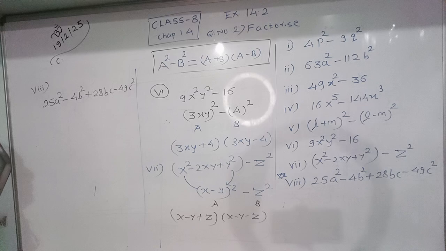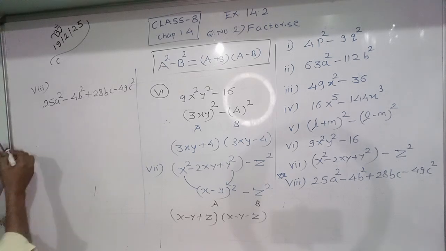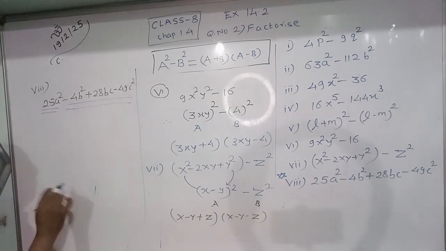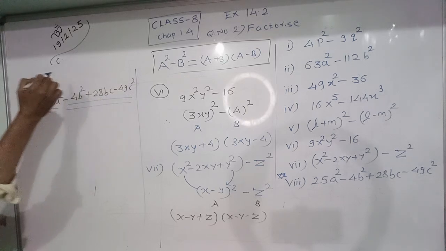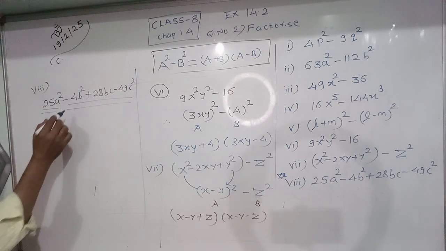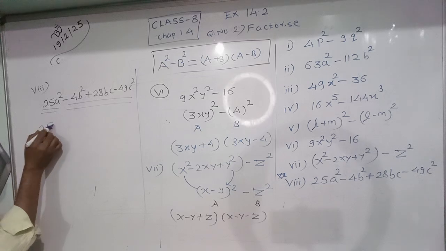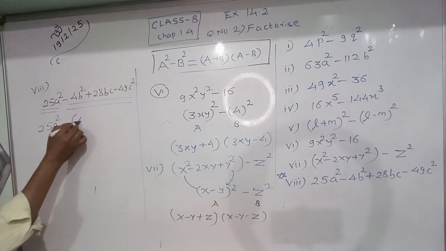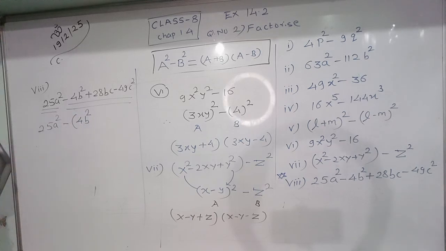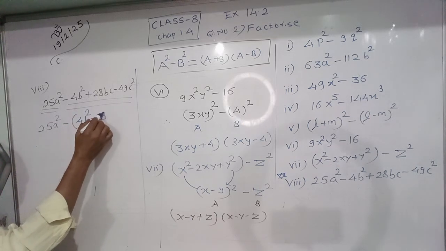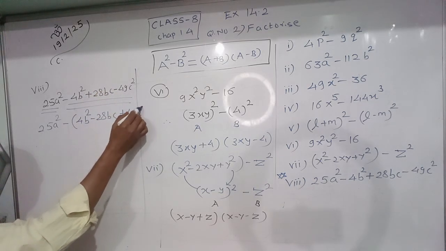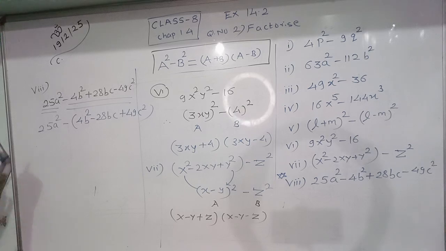The same adjustment with a little bit of change. See this. A square is totally different from these three terms because b square, c square and the bc product are there. So we have to take the minus sign outside. As we take the minus sign, it becomes 4b square minus 28bc, and this minus becomes plus 49c square.